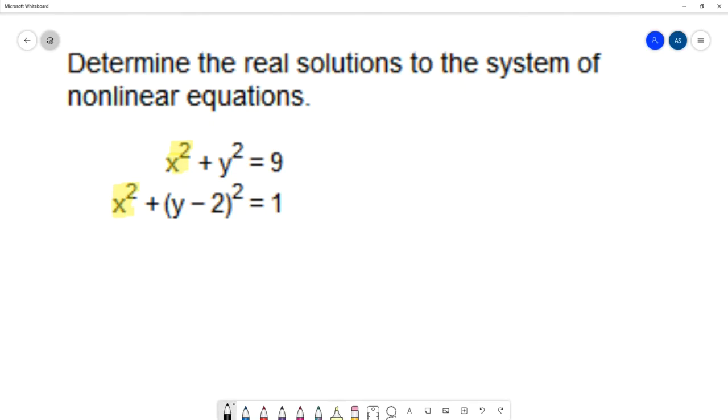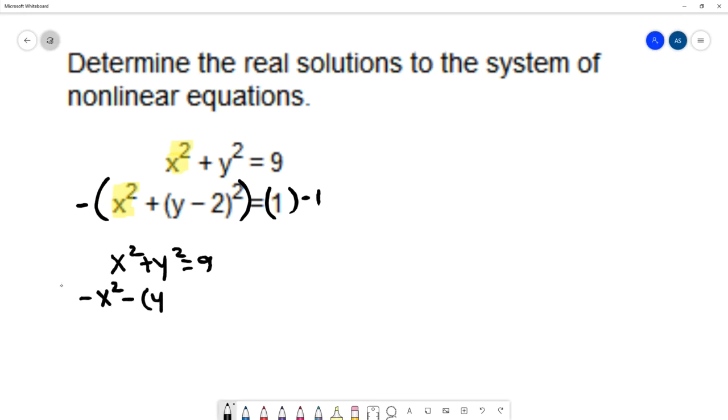So let's multiply a negative onto both sides, negative 1, and then my new system would be x squared plus y squared equals 9. Negative x squared minus (y minus 2) squared equals negative 1.